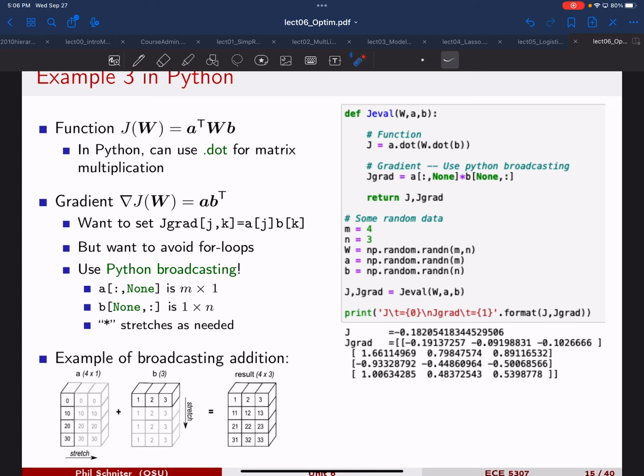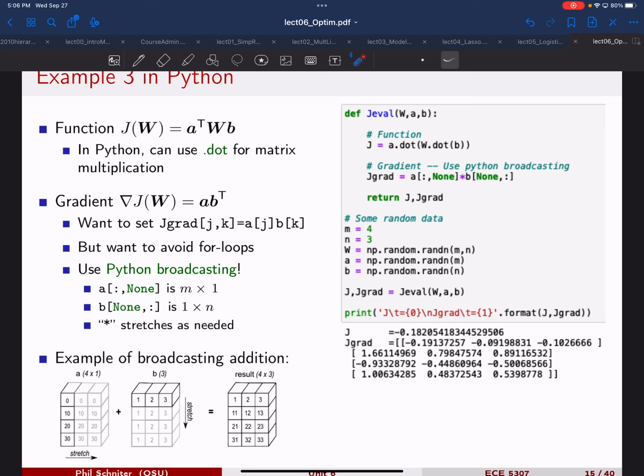Okay, is everybody good with this? Okay, so now this is the more interesting one. How do you do this in Python or NumPy? The first thing to remember about NumPy is that it's different than MATLAB in that when you have a vector, it's a one-dimensional quantity. There's no way to transpose a one-dimensional quantity, because transposes are things you can do to matrices.